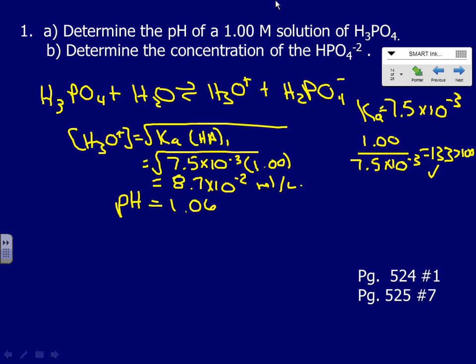We also need one other bit of information. At the end of our ice table, we have X and X, right? Which means not only does this number give me the H3O plus concentration, but this number also gives me the H2PO4 minus concentration. It also tells me how much H2PO4 is in that solution.